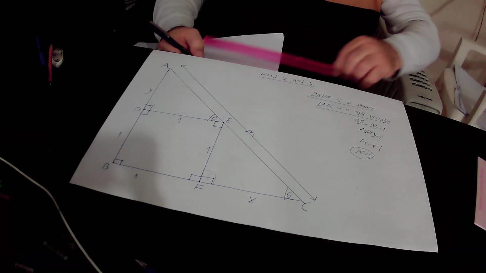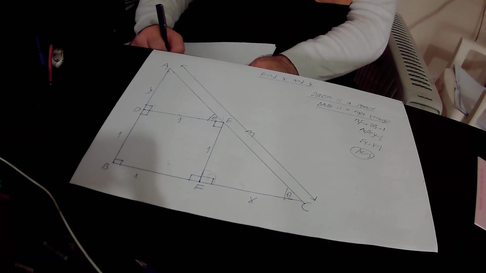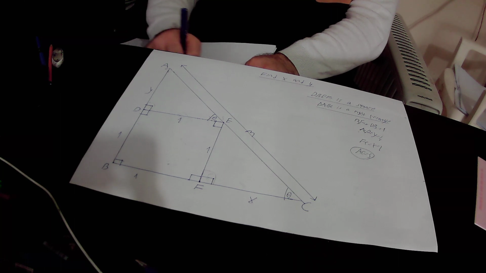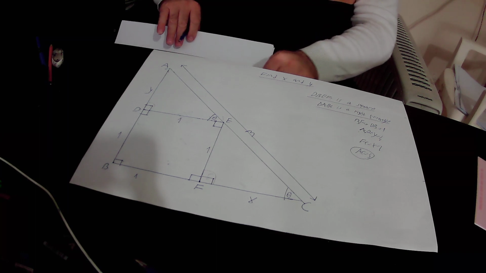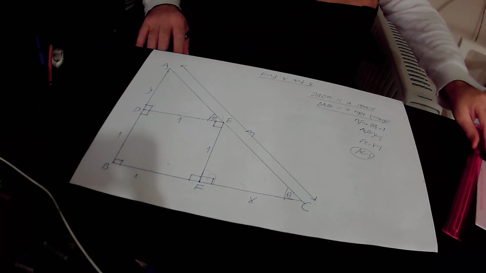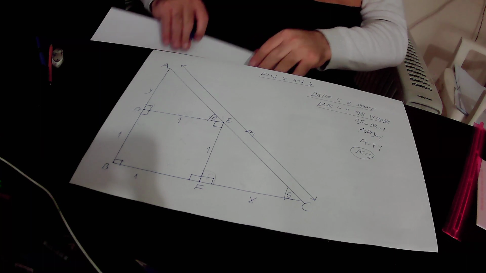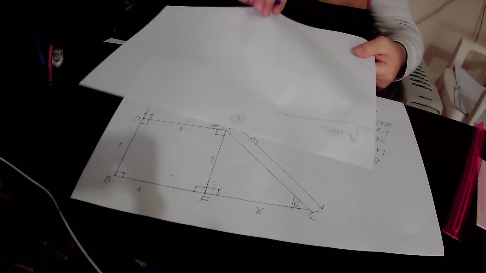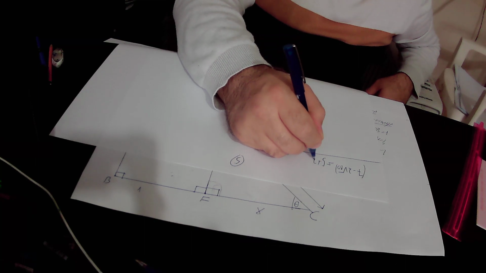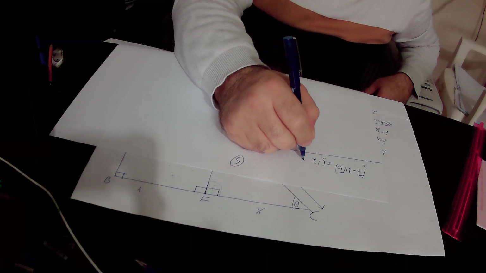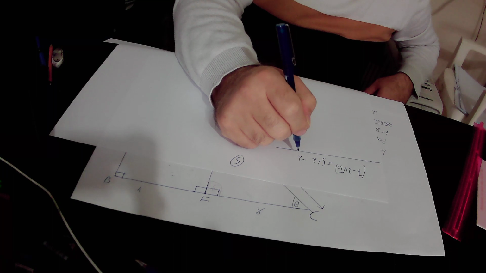This expression equals, first of all, 7 is 5 plus 2, so we'll substitute 7 by 5 plus 2, minus 2 times square root of 10.